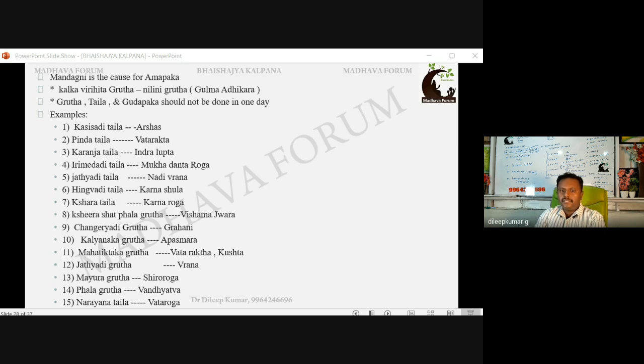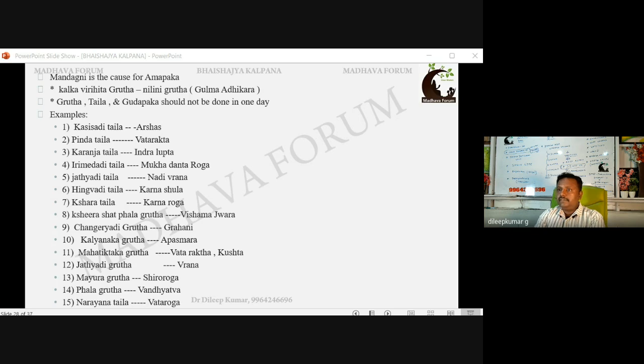If Chitrakadi Vati is prepared with Dadimadi Swarasa, then we can use it for a longer period. No side effects will come. Longer period means 15 days, 1 month, 2 months, 3 months. More than 3 months, use very cautiously because it contains Kshara and Lavana.